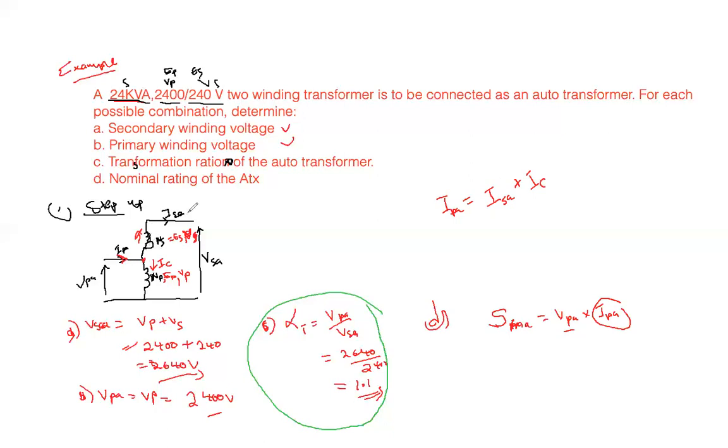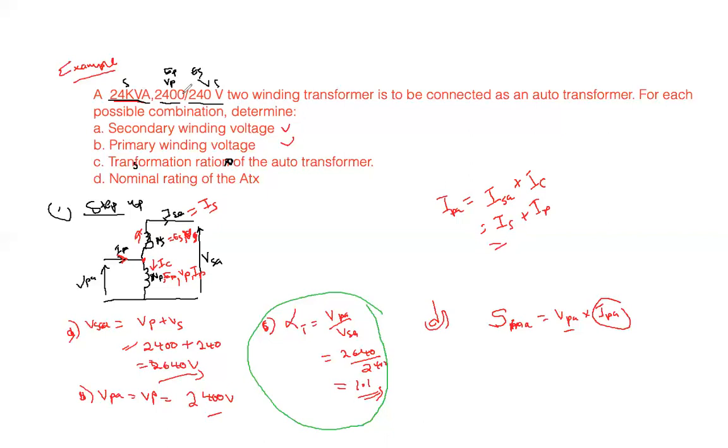But what is this current here? Remember we checked in the two-winding transformer, that current is IS. What is this current here in the primary winding? It's actually IP. But where do we get IP and IS? Simple. I've seen here that ISA is equal to IS and IC is equal to IP for this arrangement.